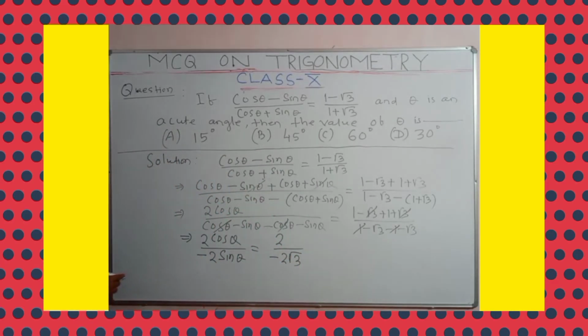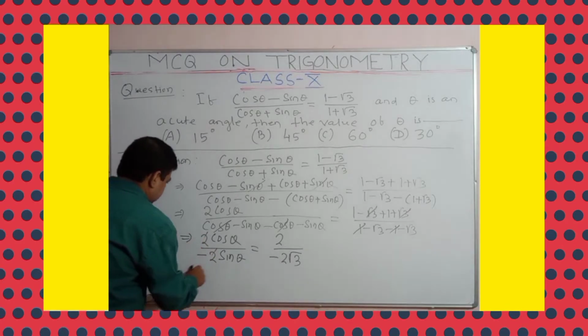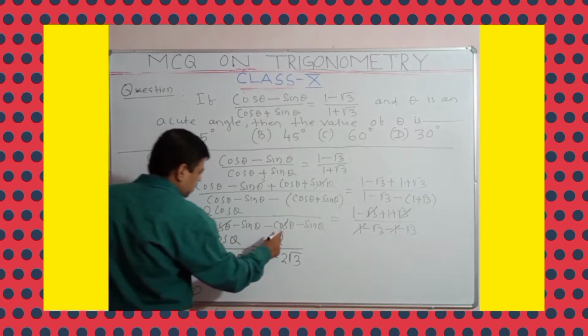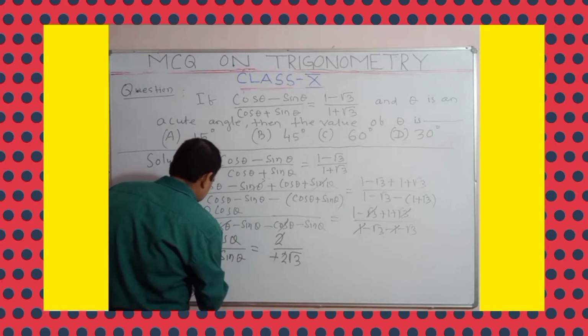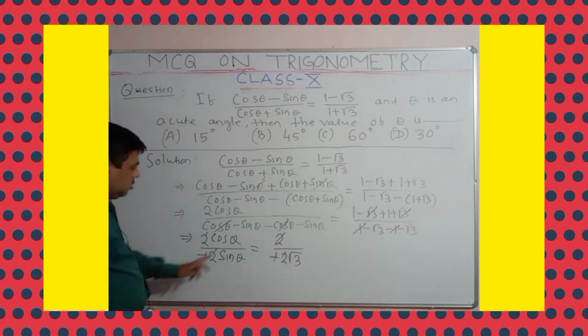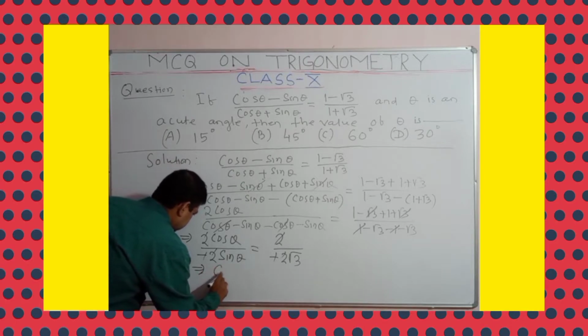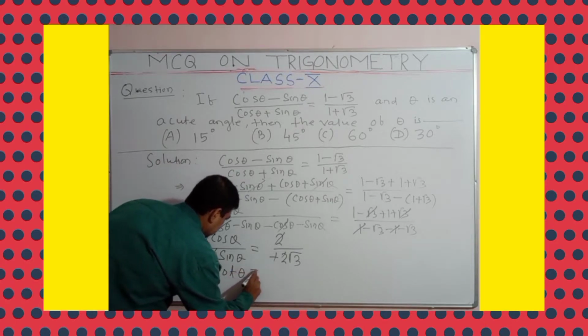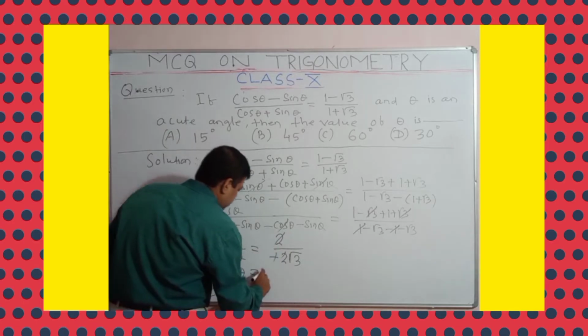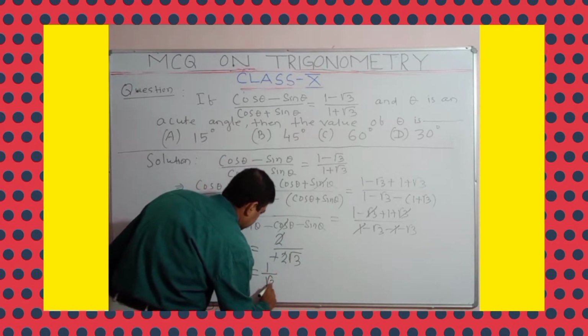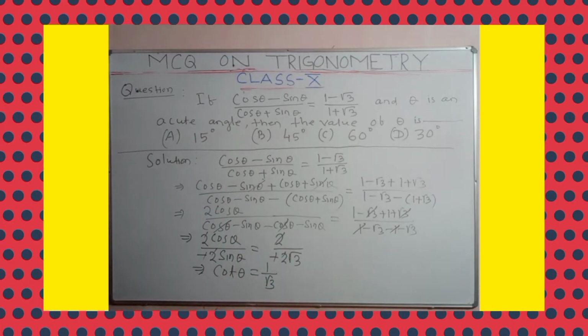So here you see 2 will be cancelled, and also here 2 will be cancelled, and the minus minus sign will also be cancelled. So it will be cos theta by sin theta. So cos theta by sin theta will be what? Cot theta is equal to 1 upon root 3. Is it clear?